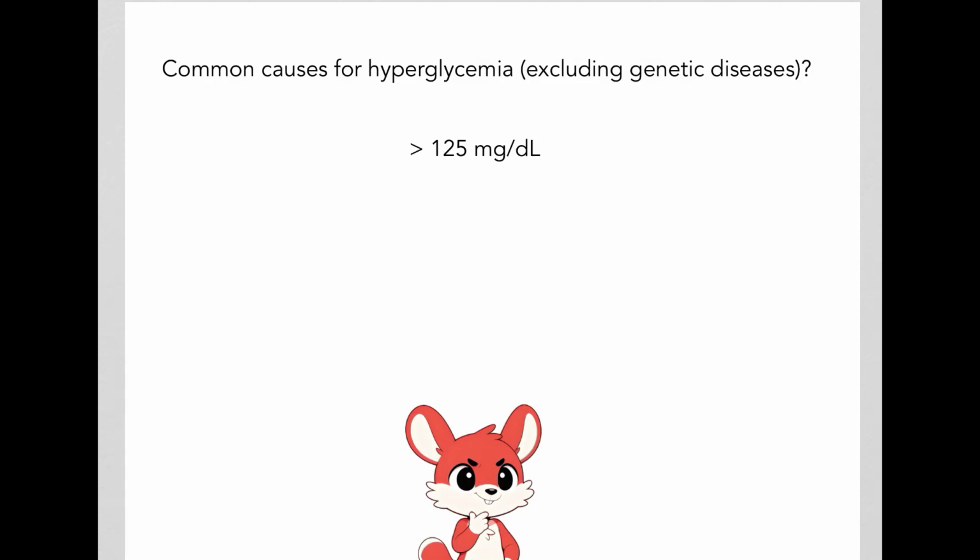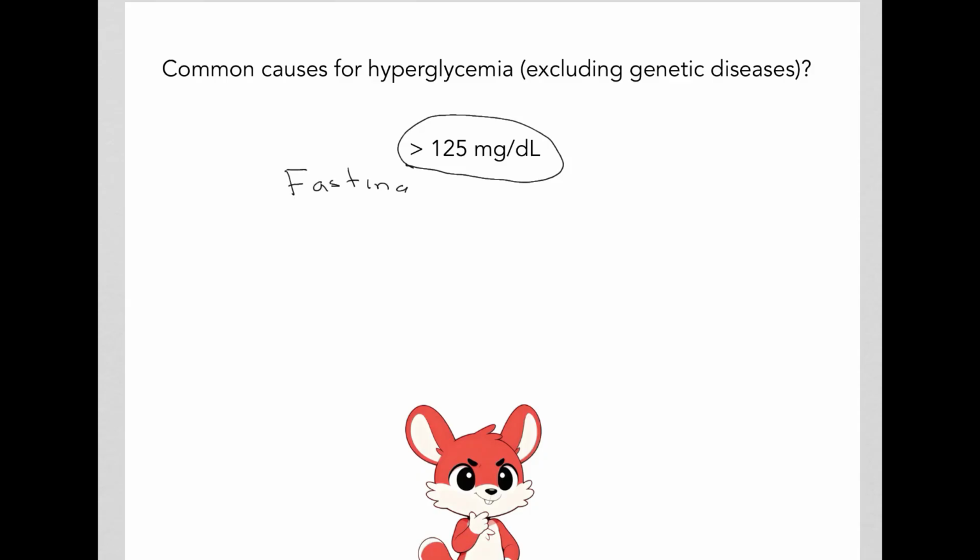So typically hyperglycemia is considered when your blood glucose is greater than 125 milligrams per deciliter. Now notice when we say blood glucose, we mean fasting blood glucose.